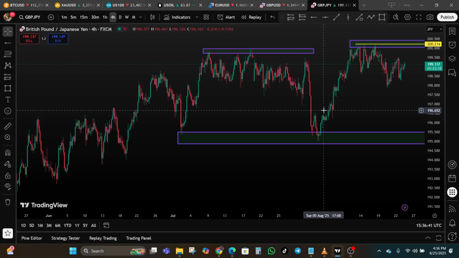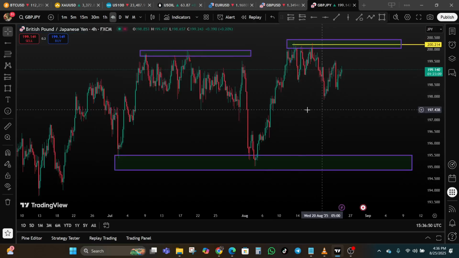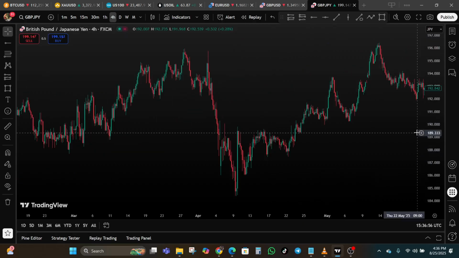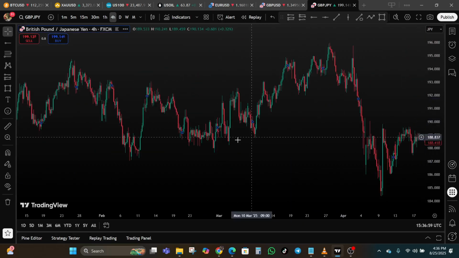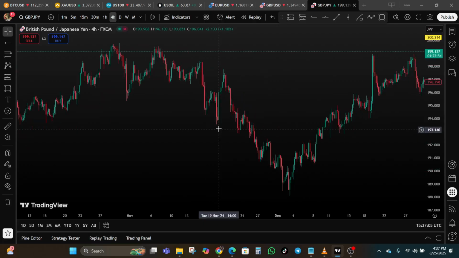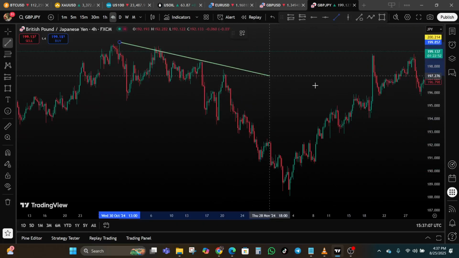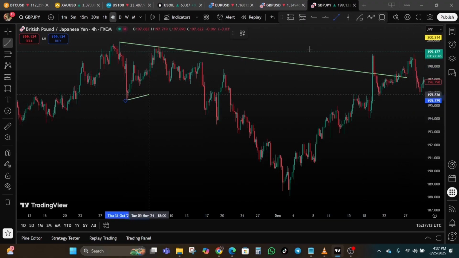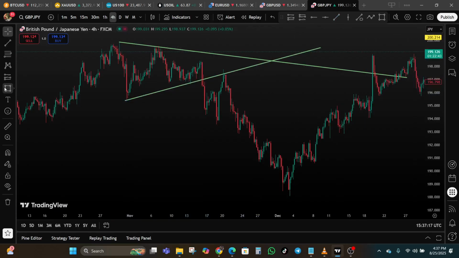This way, you are not entering based on hope, you are entering based on confirmation. So you have to always watch out for that confirmation that tells you that price has found its direction.